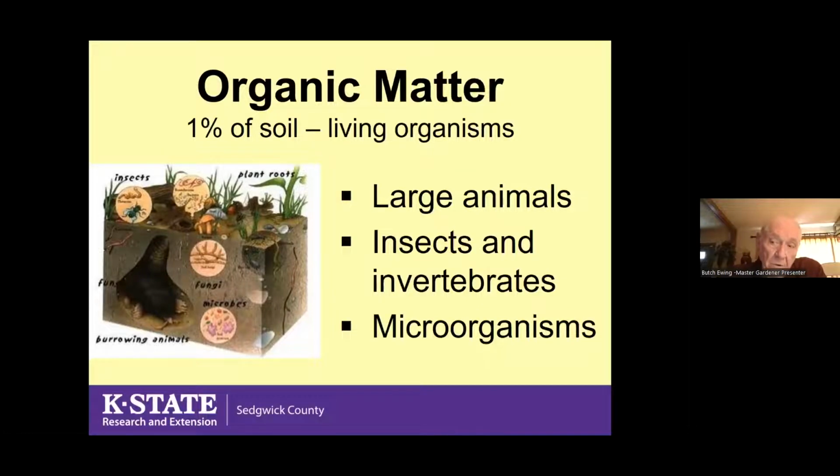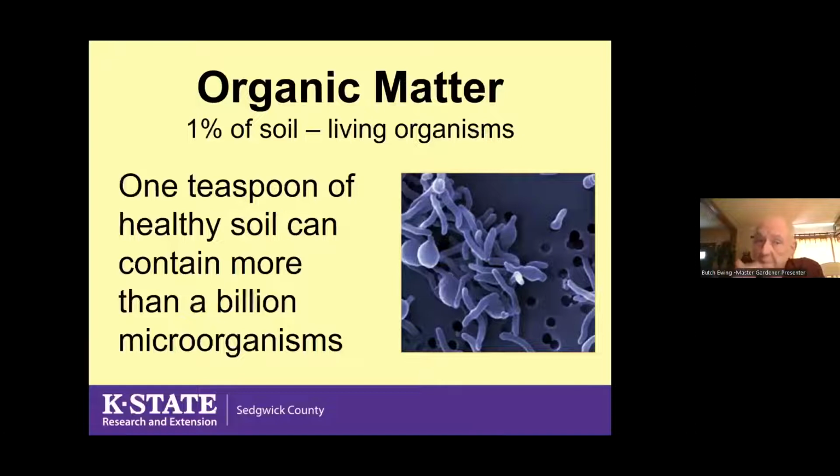But the largest population of organisms in the soil would be the microorganisms. They by far and away outnumber all of the other living organic matter. In fact, just 1 teaspoon of a good healthy soil can have up to 1 billion, that's billion with a B, microorganisms in it.